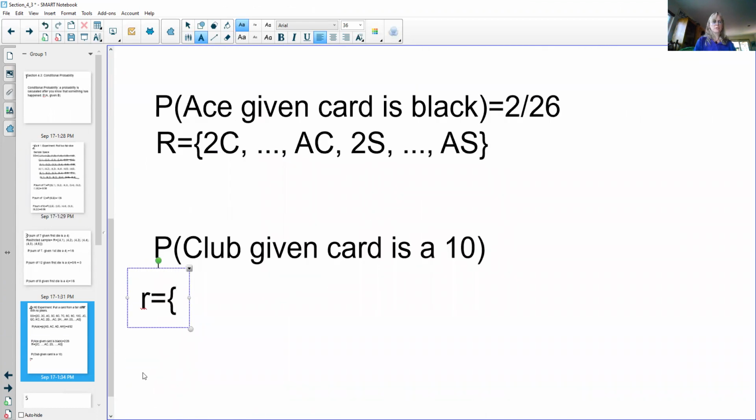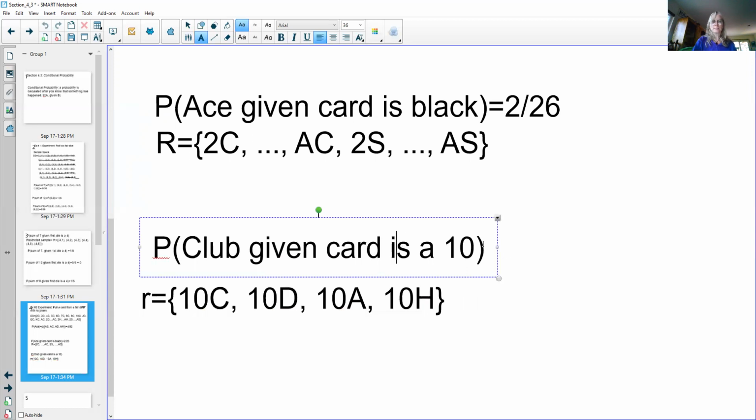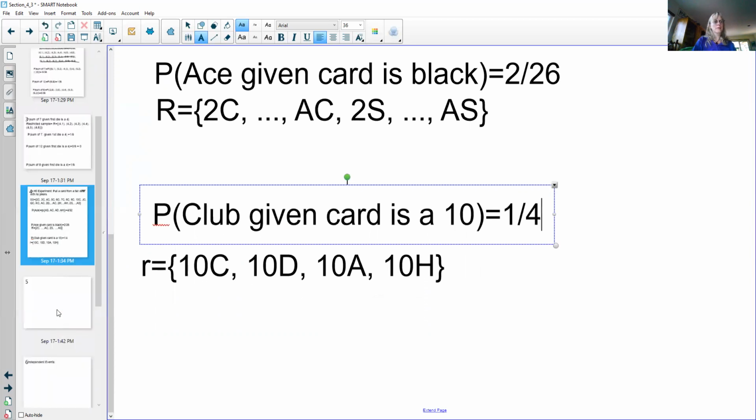So my restricted sample space would be the 10 of clubs, the 10 of diamonds, the 10 of spades, and the 10 of hearts. So that's my restricted sample space. And now, out of this restricted sample space, there's 1 club out of these 4 cards. So it's 1 out of 4. And those are conditional probabilities.